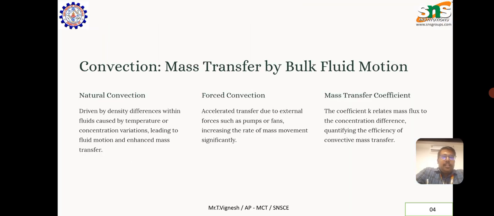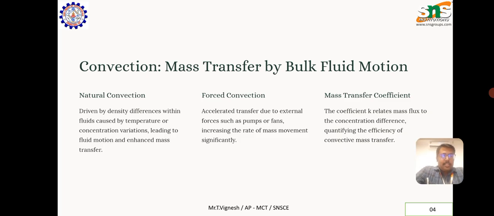In natural convection, there is a lot of mass transfer, driven by density differences, as I said in the example of the freezer compartment.